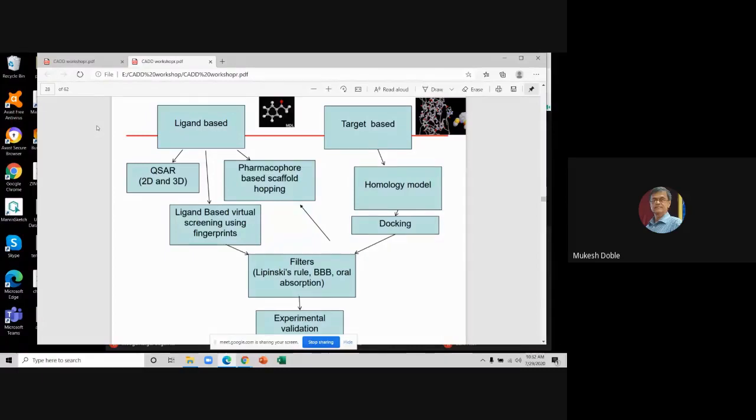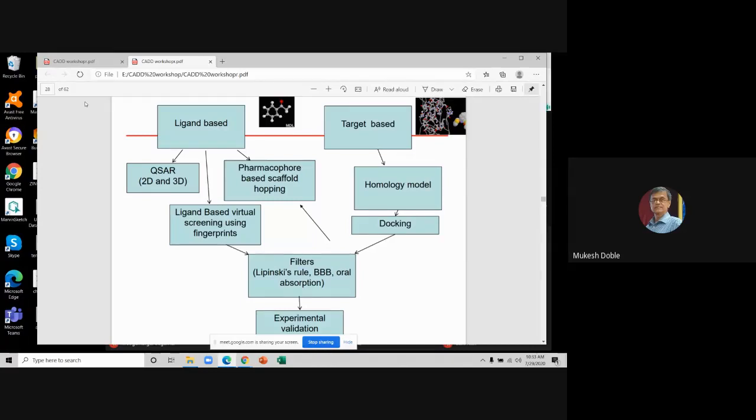So the molecules are superimposed in 3D, and features like hydrophobic groups, aromatic groups, hydrogen bond donors, that means OH or NH, hydrogen bond acceptors, that means N or O, cations, and anions are identified. So it tries to identify what the common features are.